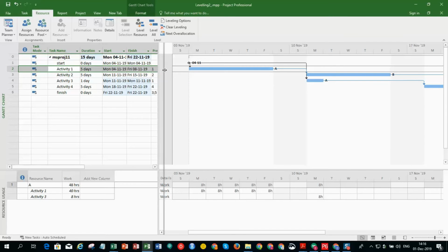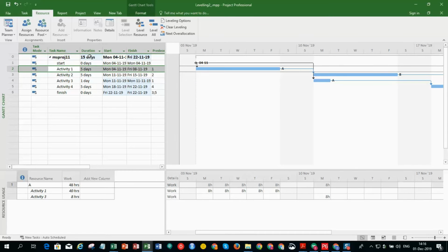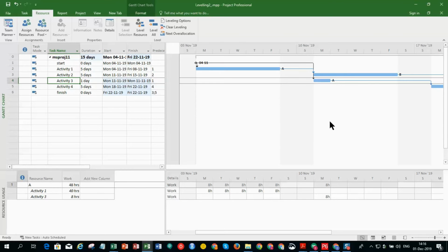Microsoft Project came with a solution which is 15 days instead of 11 days. So for whatever reason, Microsoft Project decided to delay activity 3 instead of delaying activity 1, and now the schedule is 15 days. So you can see that on such a simple schedule, Microsoft Project cannot produce an optimal result.